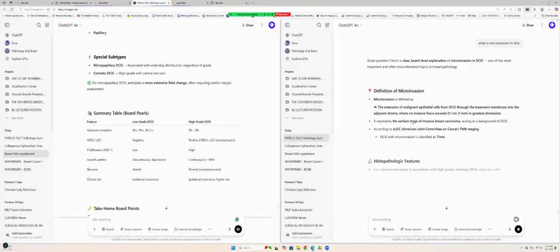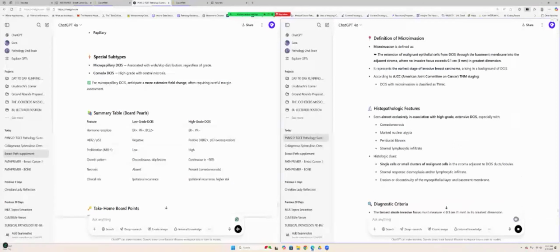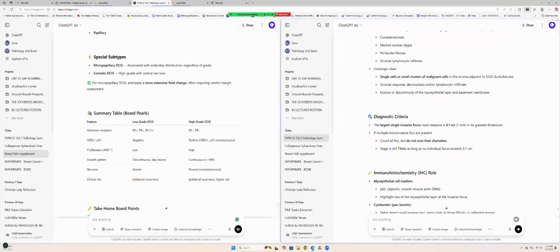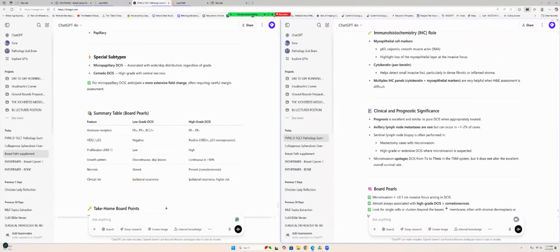If the invasive component is more than 1 millimeter, that's frank carcinoma. So this DCIS with microinvasion is actually T1mic. It has to be less than or equal to 1 millimeter in greatest dimension of the focus of invasion.